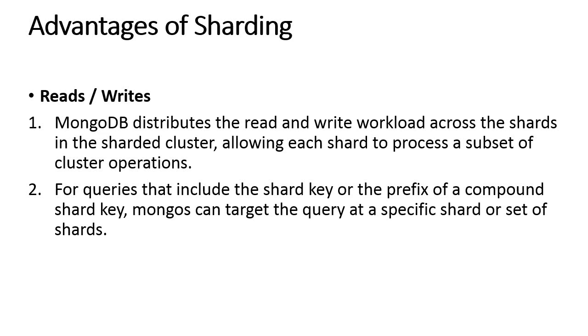Both read and write workloads can be scaled horizontally across the cluster by adding more shards. For queries that include the shard key or the prefix of a compound shard key, MongoS targets the query at a specific shard or set of shards. These targeted operations are generally more efficient than broadcasting to every shard in the cluster.